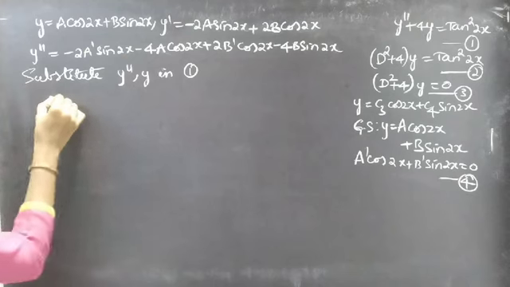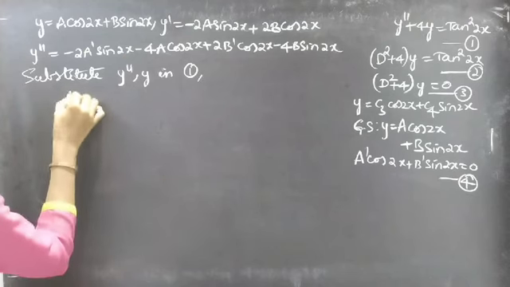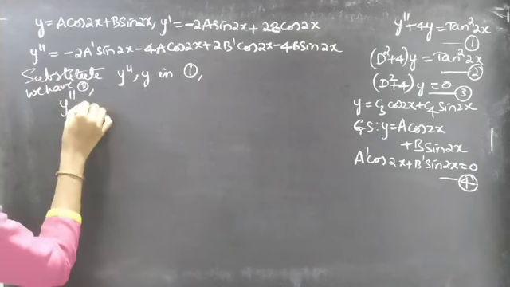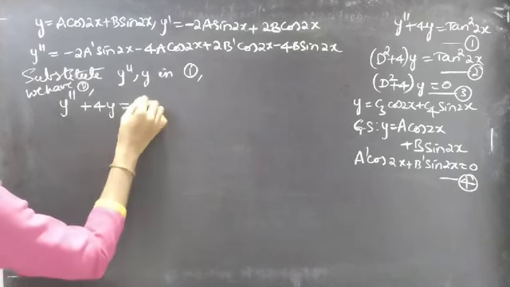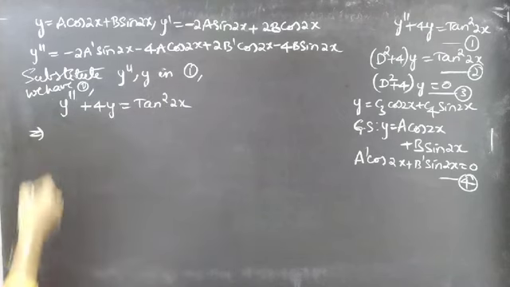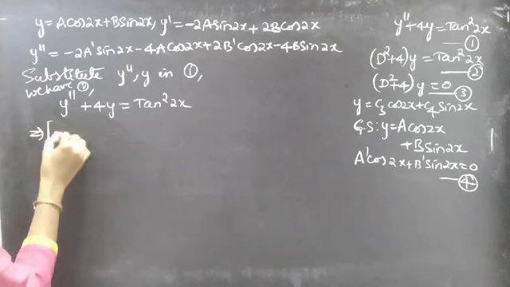What is equation 1? We have equation 1: y'' plus 4y equal to tan square 2x, right? Let's substitute y'' and y here.